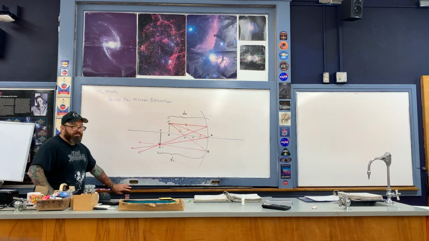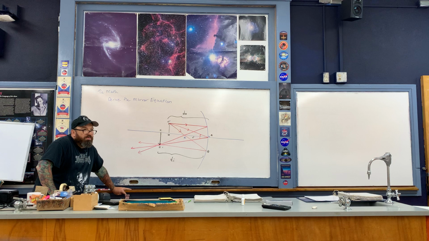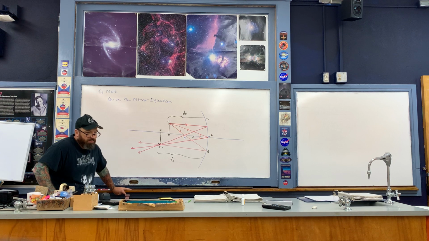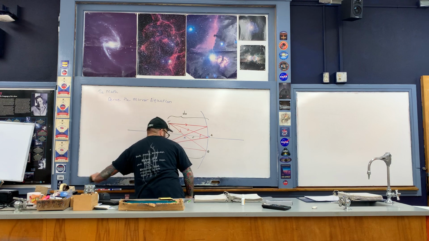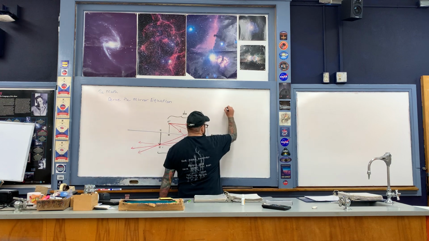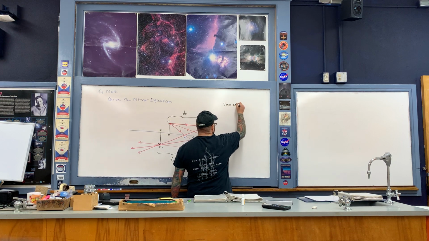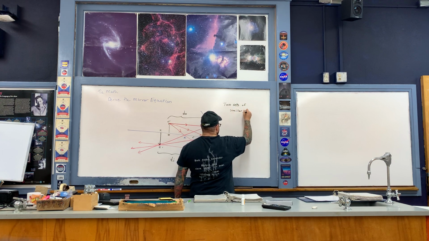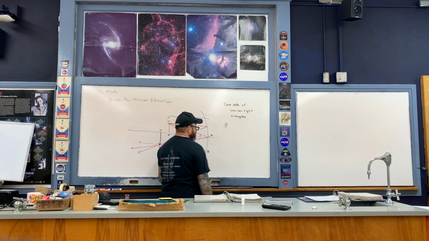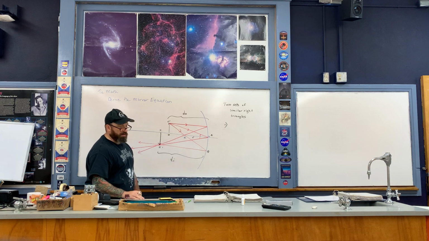And now on this rather messy looking diagram, basically what we end up with are two sets of similar right triangles. The first set is as follows.